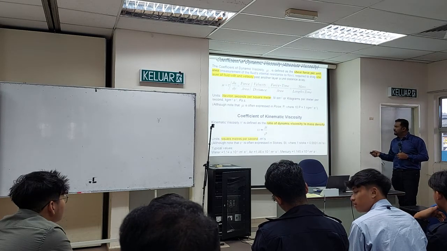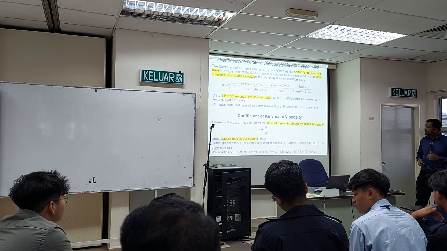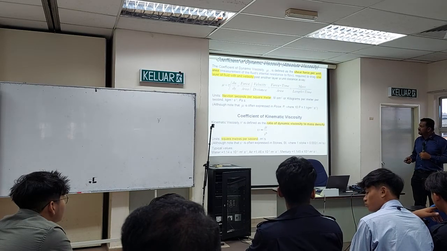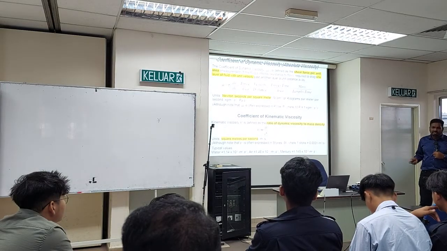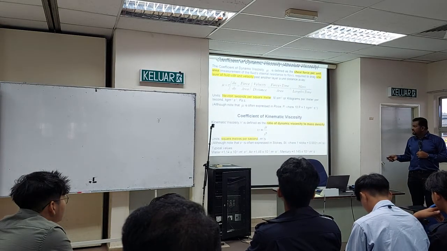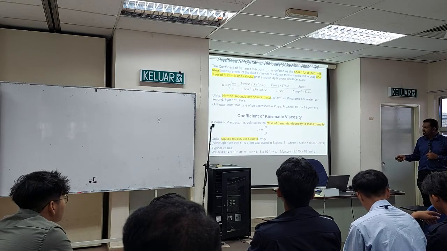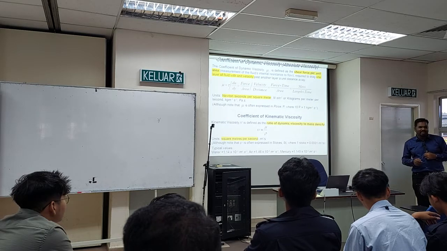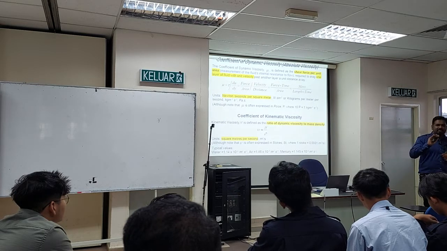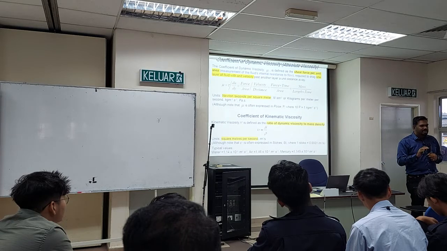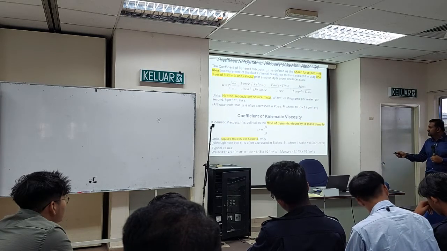All these are units for the coefficient of dynamic viscosity, and we have another term called the coefficient of kinematic viscosity, nu, another form of V in Greek. All these are terms that will be used, so you just need to expose yourself.